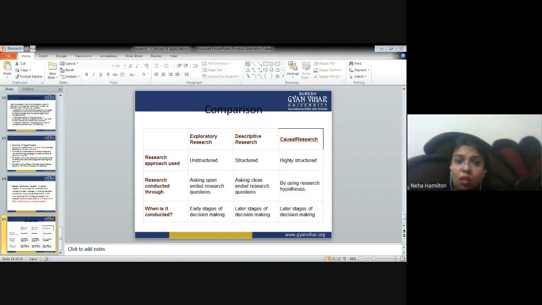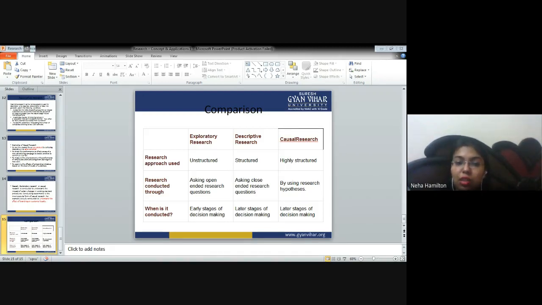When I am talking about descriptive research, it is a bit structured as compared to exploratory research because I'm asking close-ended questions and I'm using this at a later stage of decision making. And causal research is a highly structured form of research, right?